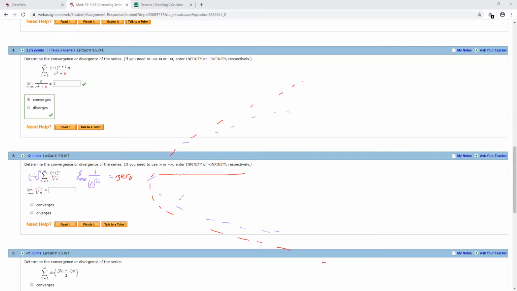So the integral test is out. P-series, this would be a p-series, yes, but the alternating part makes it not a p-series. So the p-series test is out. What's the only test left? The alternating series test, which makes sense because this is an alternating series.